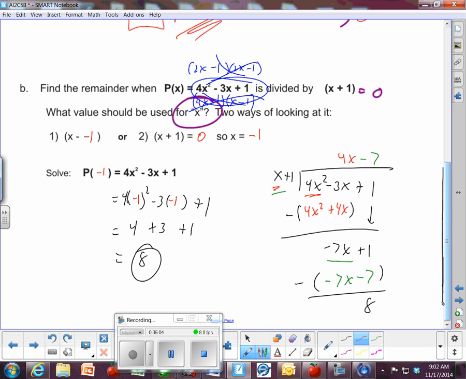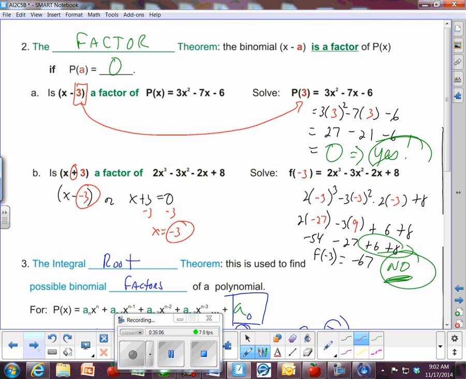If they say to you, is this binomial a factor? Just use the factor theorem and see if you get 0 for a remainder. Don't do long division, right? Just use the factor theorem and see if you get 0 for a remainder. If it is, then it's a factor.